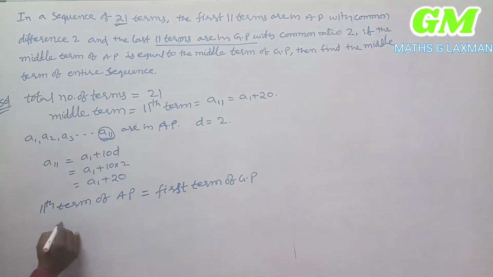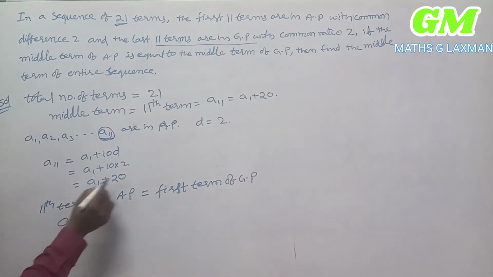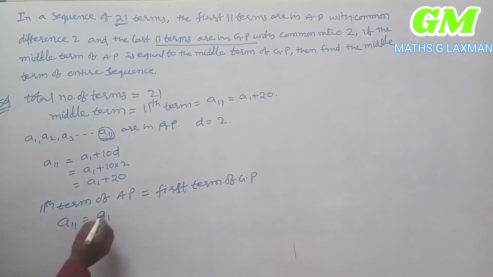So this is GP and this is AP and this is GP. So what is the first term of GP? It is A1 plus 20, since the 11th term is A1 plus 20.